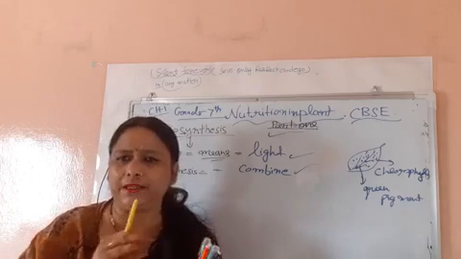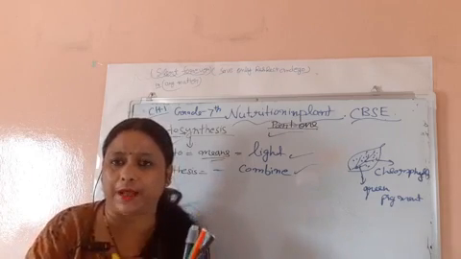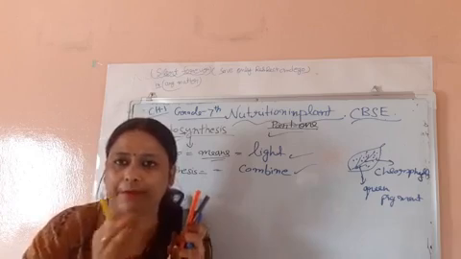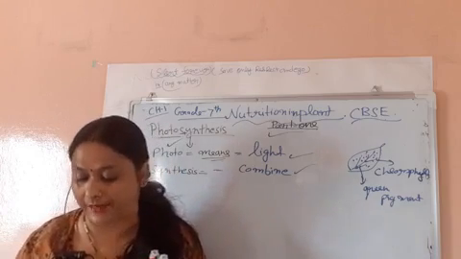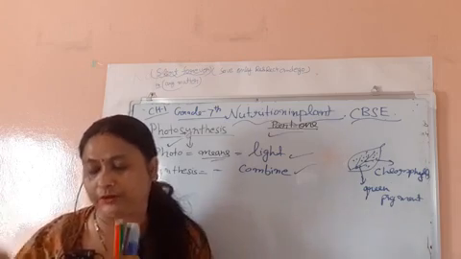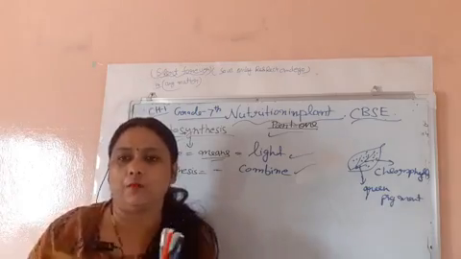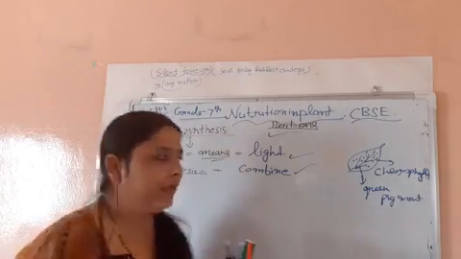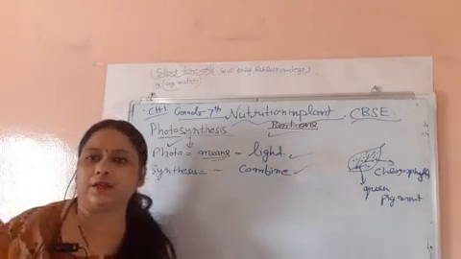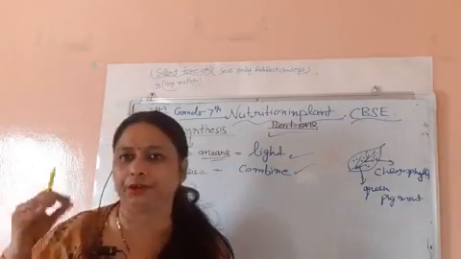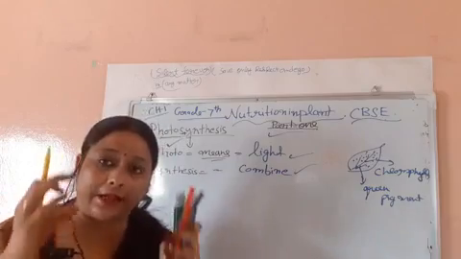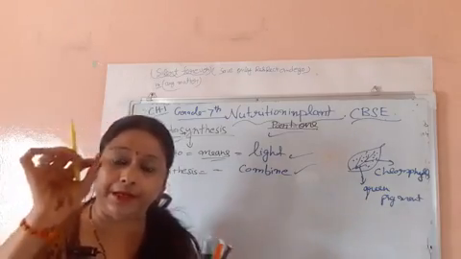The plant uses this light to make food and synthesize the energy in the form of carbohydrate. So sunlight has a very important role, and it is only absorbed by the green pigment.